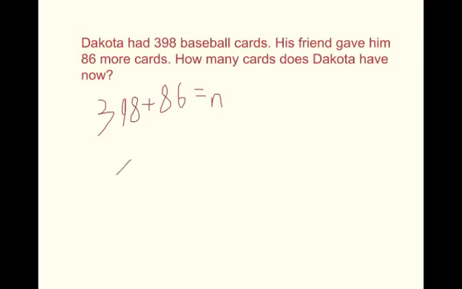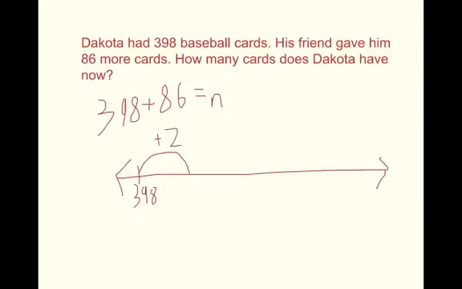So, that's number line. So start with 398 plus 2 equals 400.